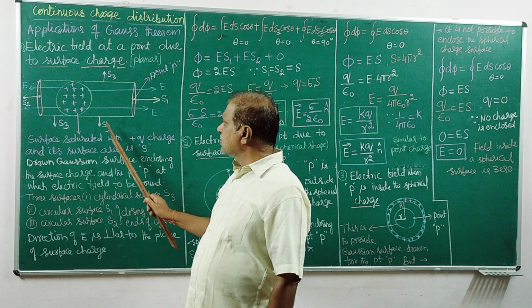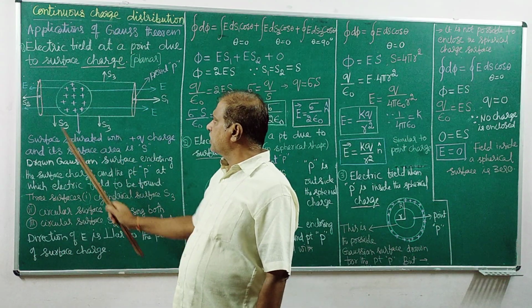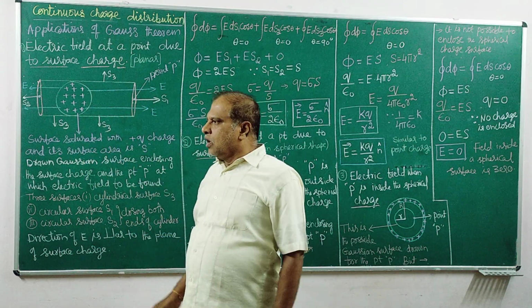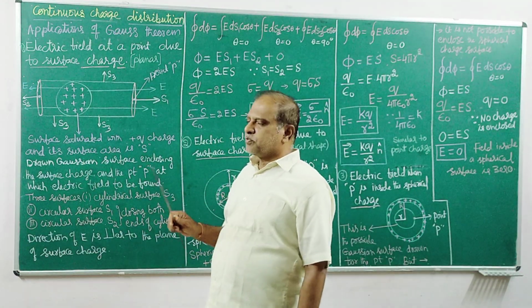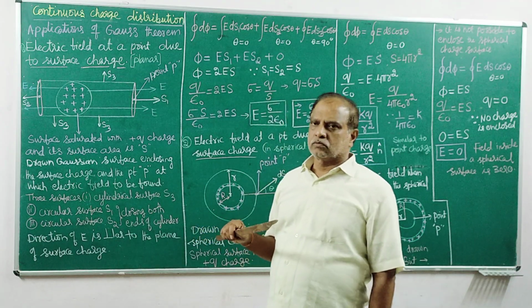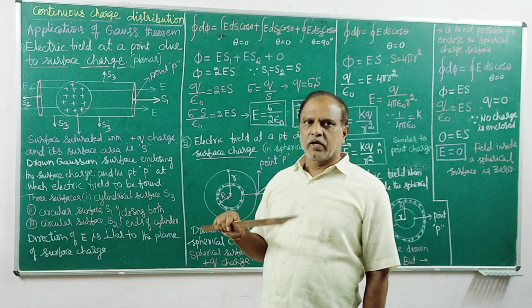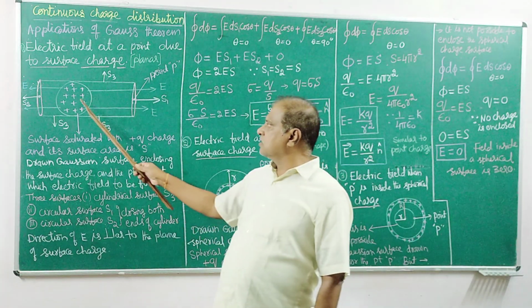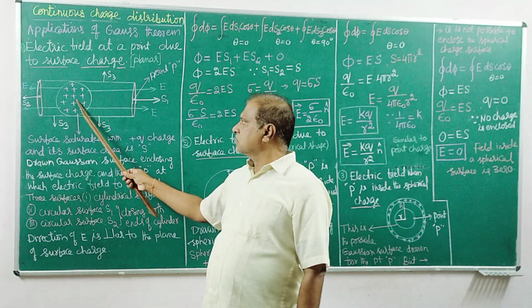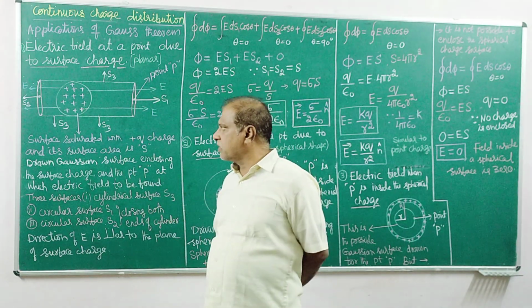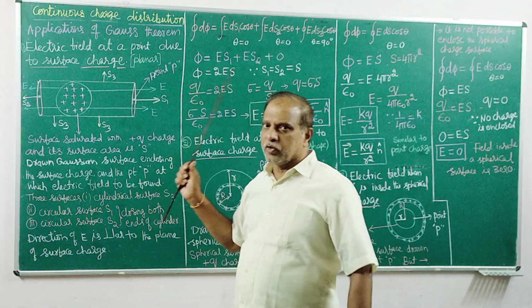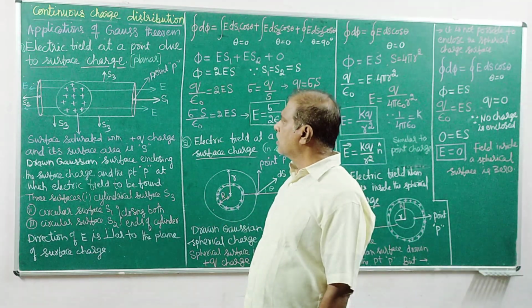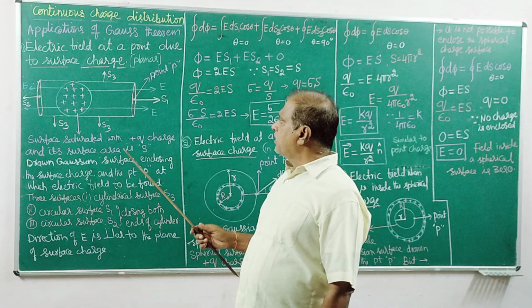But electric field is not in this direction or any other direction. Electric field is always perpendicular. Electric field direction is perpendicular to the plane on which charges are distributed. This is the direction of the electric field. So there is an important point we need to know. And let us go for derivation.